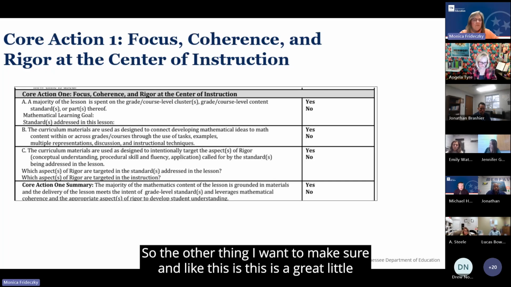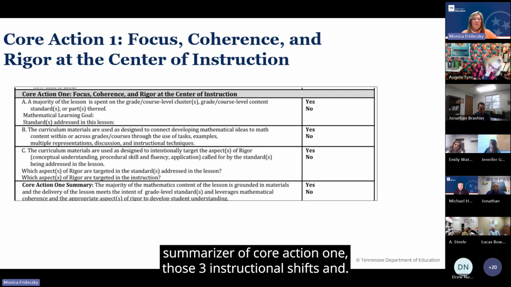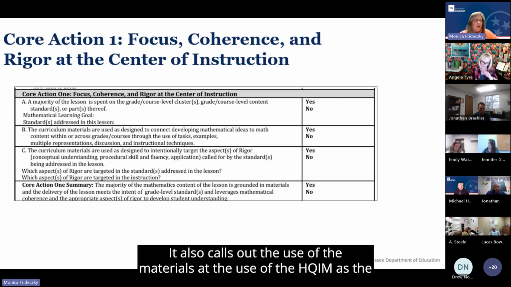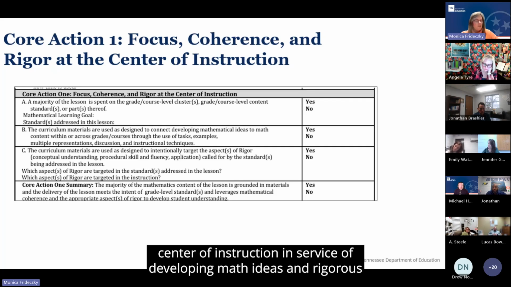The other thing I want to make sure, and this is a great little summarizer of core action 1: those 3 instructional shifts, and it also calls out the use of the materials, the use of the HQIM as the center of instruction in service of developing math ideas and rigorous instruction.